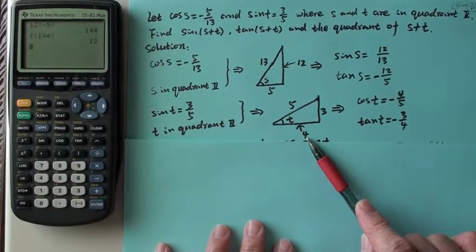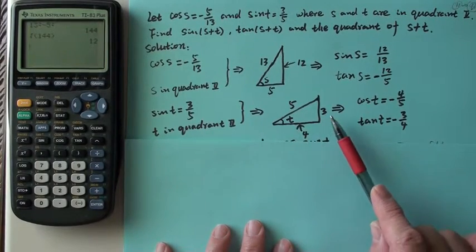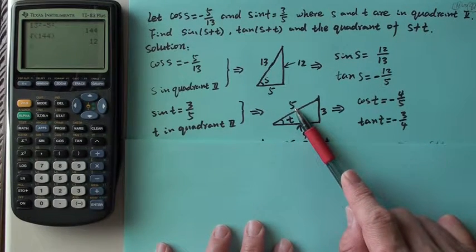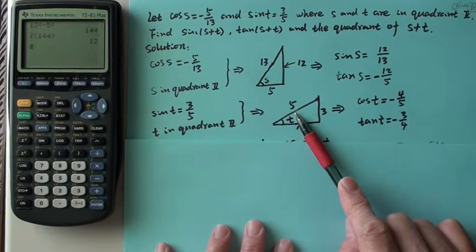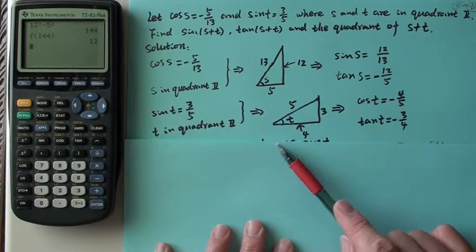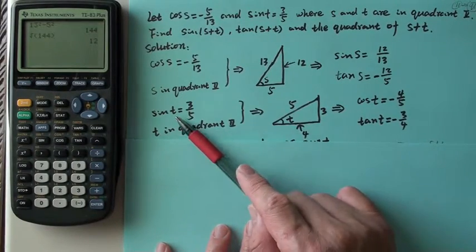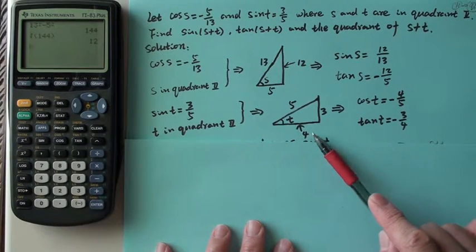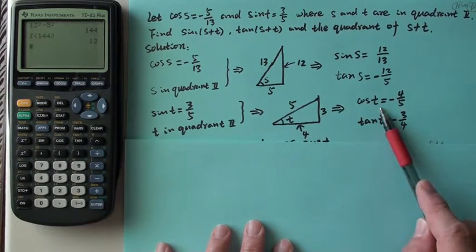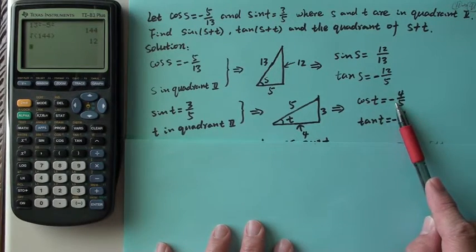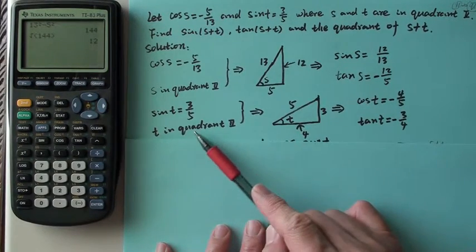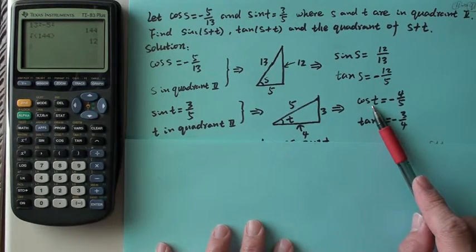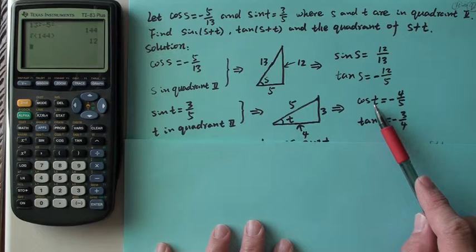I believe right now you have done this many times: 3 squared plus 4 squared is 5 squared. Then you have a sine already, and cosine t will be 4 over 5. We choose a negative sign here because t is in quadrant 2, and cosine is negative in quadrant 2.